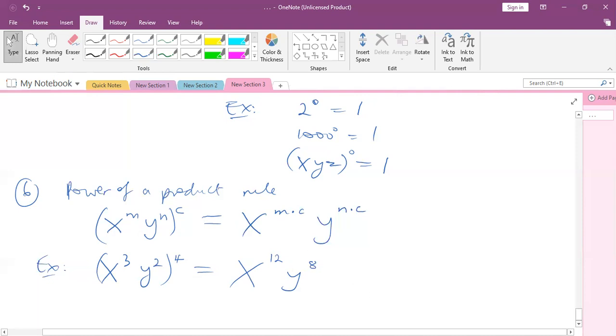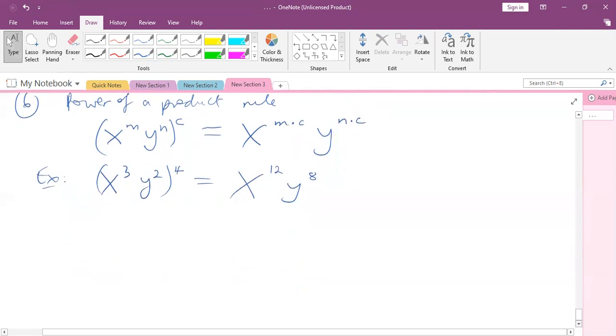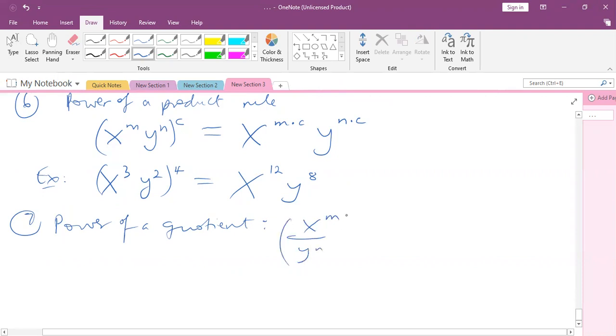And you can have the same thing, power of a quotient. It follows the same approach. Quotient means you're dividing two or more numbers. So for this, we can say that x raised to the power m divided by y to the power n, if the whole thing is raised to the power c, that will be the bases with the exponents multiplied: x to the m times c, and y to the n times c.